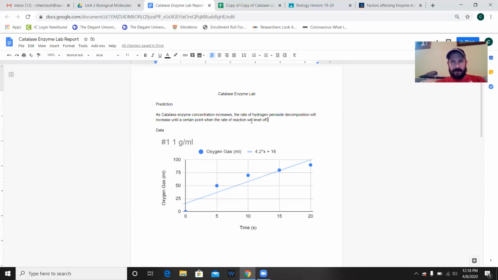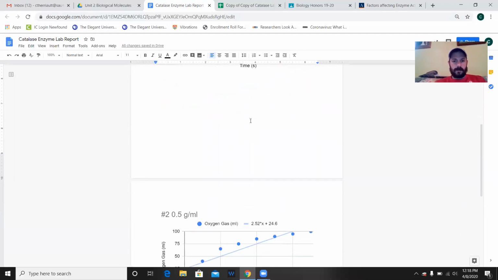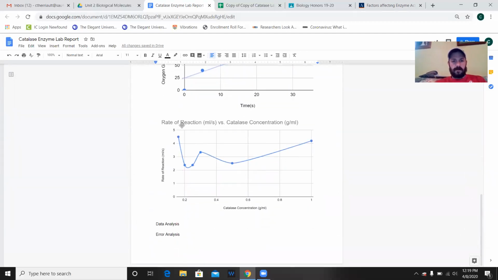So let me go down here and kind of show you something cool. So this was this group's graph. If I go back to kind of what this should look like, I think I can kind of draw it on here. Yeah, I can annotate this. I should have been getting something that kind of looked like this.